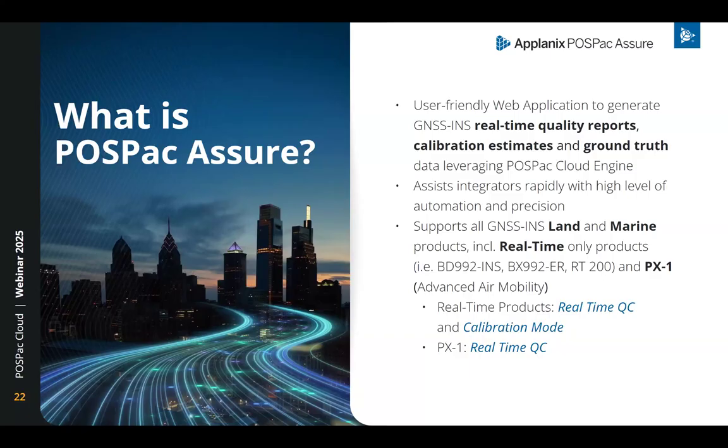The real-time products that I already mentioned can leverage the real-time QC and the calibration mode, while the PX1 system can leverage the real-time QC mode only. All the other systems that we support can use all three features, including the real-time QC, calibration mode, and ground truth.